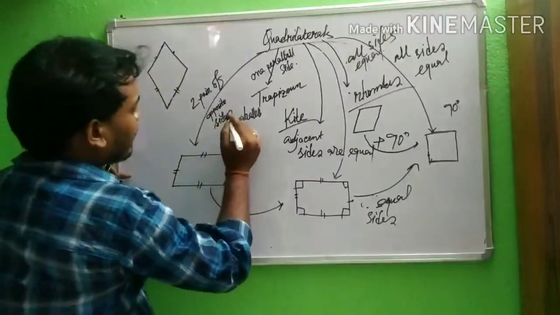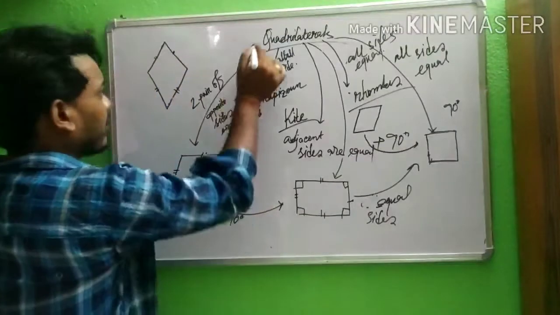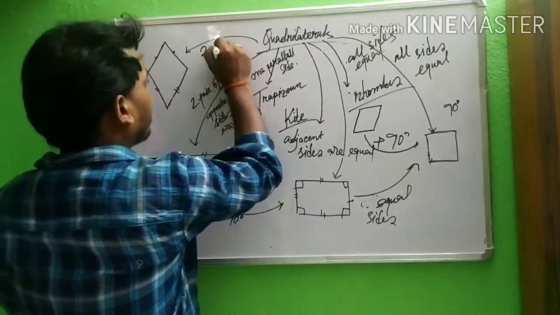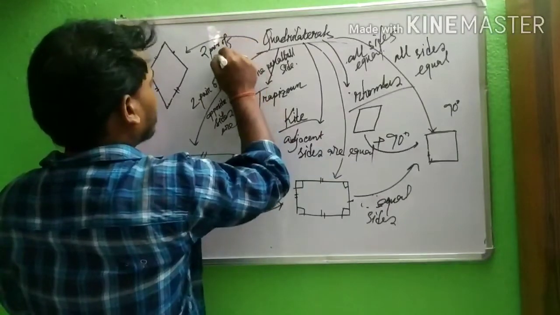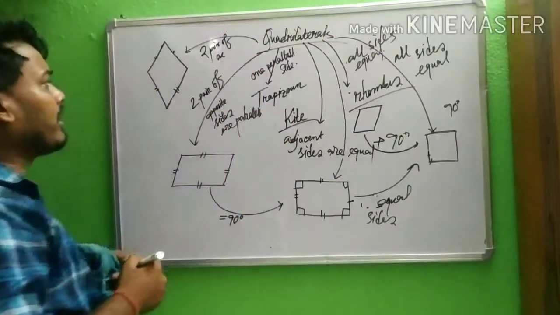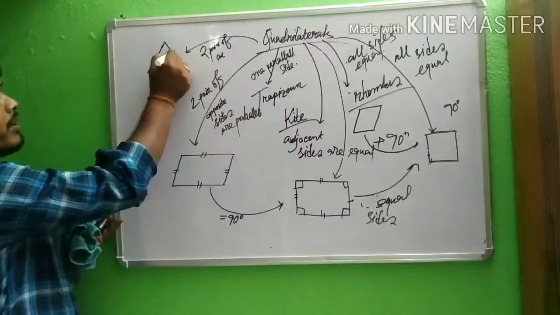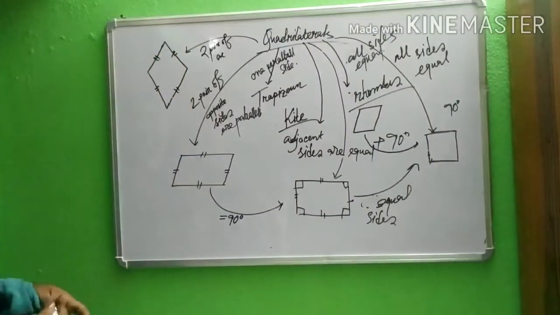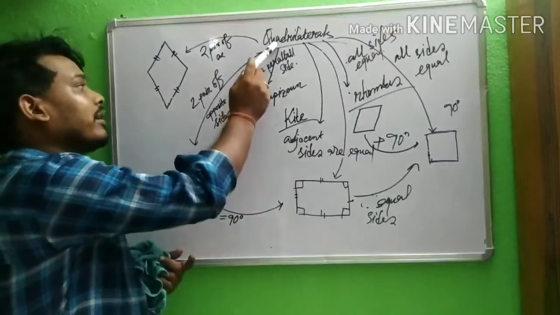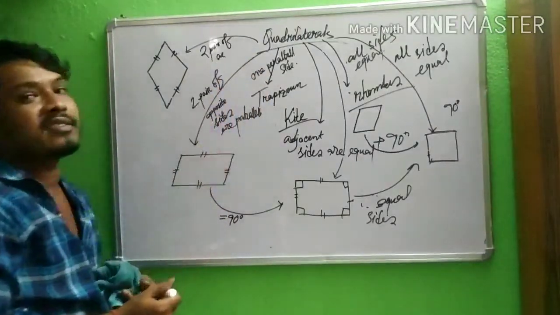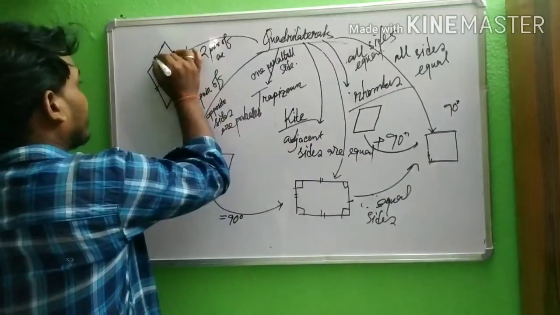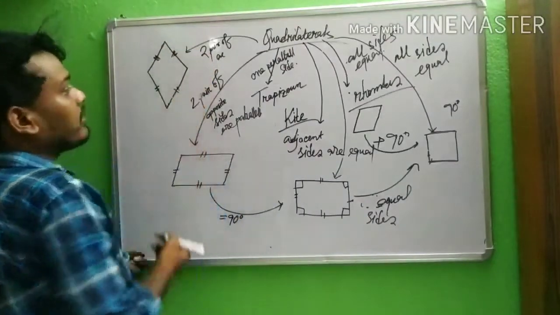Okay. Here it is better to write that two pairs of adjacent sides are equal. So here is one pair of adjacent sides, here another pair. So what is a kite? A kite is a quadrilateral whose two pairs of adjacent sides are equal. Okay, so this value is equal, this value is equal.